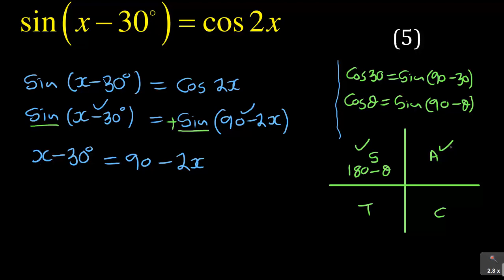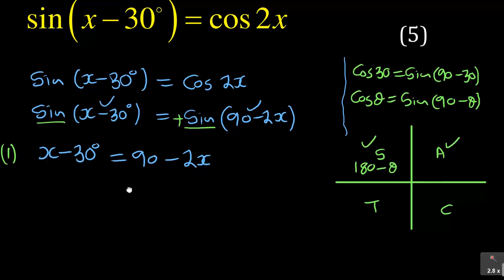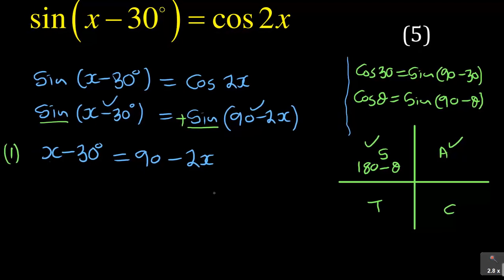So the first quadrant we are dealing with, I'll call 1 for first quadrant. Since we are dealing with the first quadrant, we are going to say it's 90 − 2x, which is treated as one angle, and then you say plus k·360°.